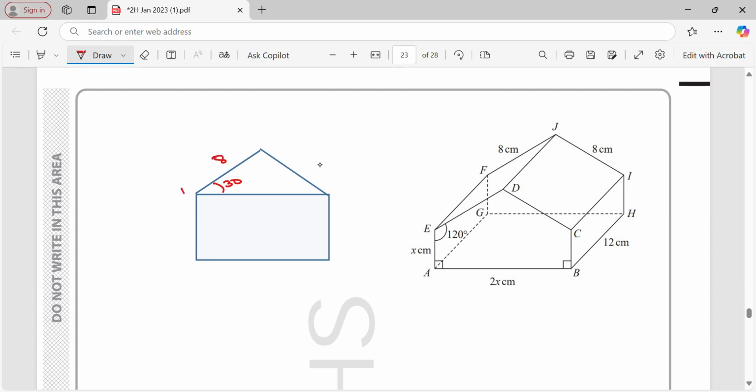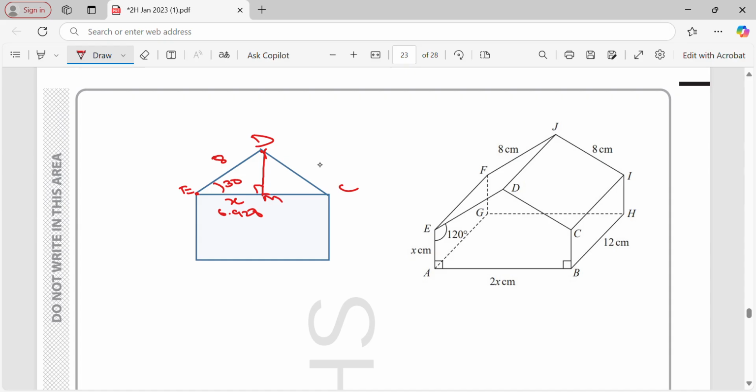This is E, this is D, and this part is C. Let's draw a perpendicular line, that is 90 degrees. The total length is 2x, but I have to find from E to, let's say this is M, from E to M, so that is x. And x, we know that is 6.928. And I can find the perpendicular height here.